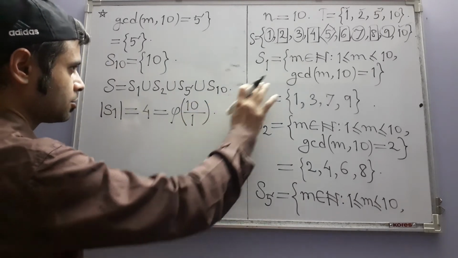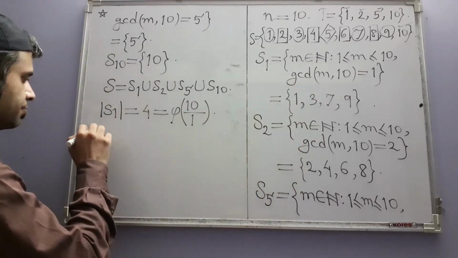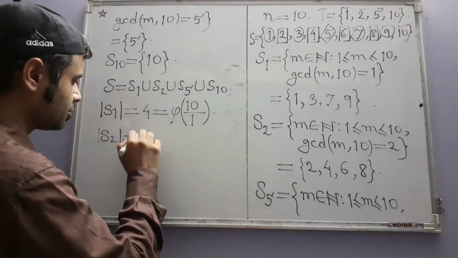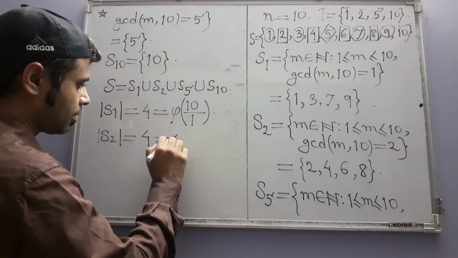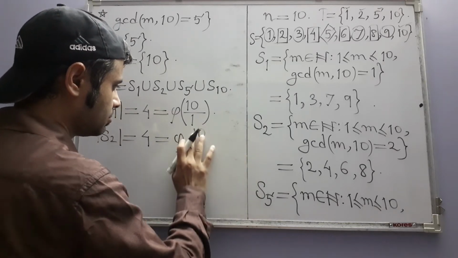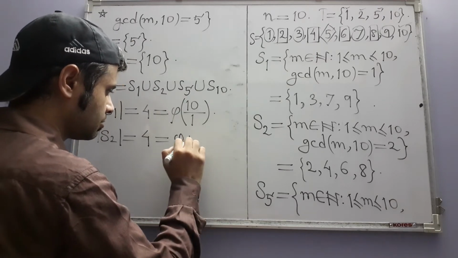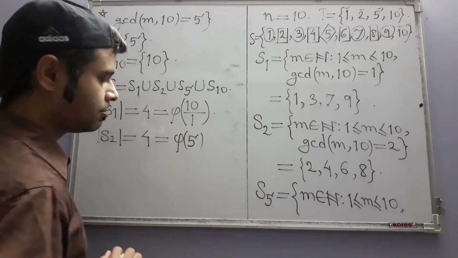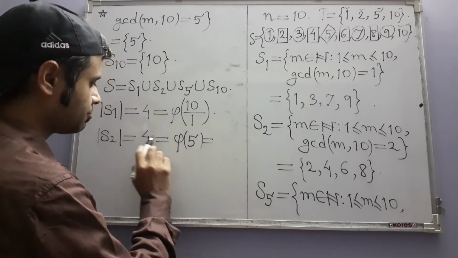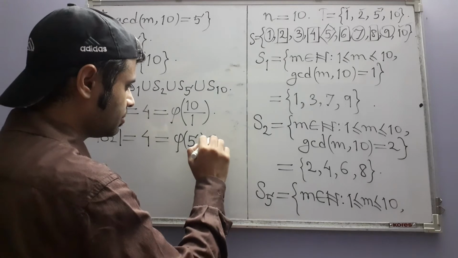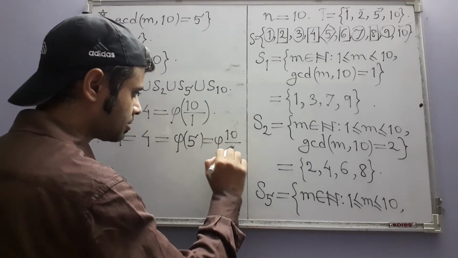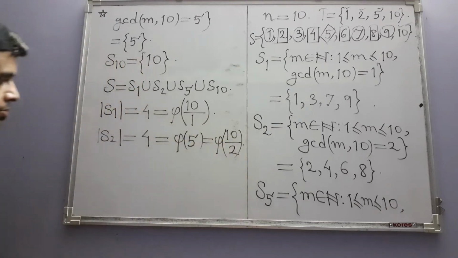However, it may not be so direct for S2. The cardinality of S2 is also 4, and here it is the phi value of 5, because the phi function value of 5 is also 4, and that 5 you can interpret as 10 divided by 2.